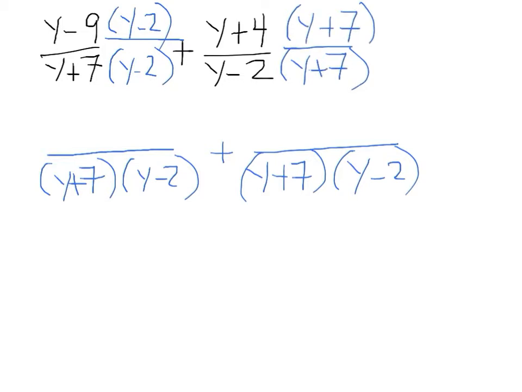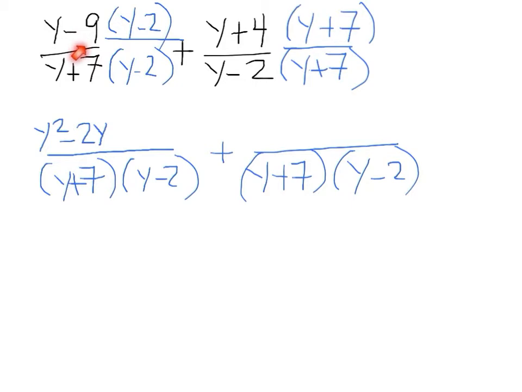Next, we have to multiply these things out. So y times y is y squared. Y times minus 2 is minus 2y. Y squared minus 2y. Then it's this guy's turn, the minus 9.